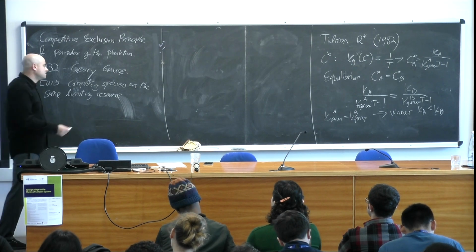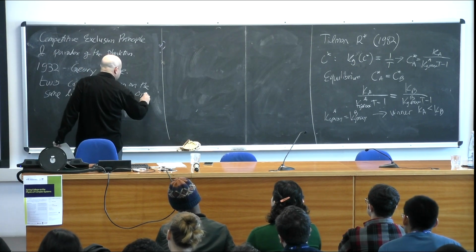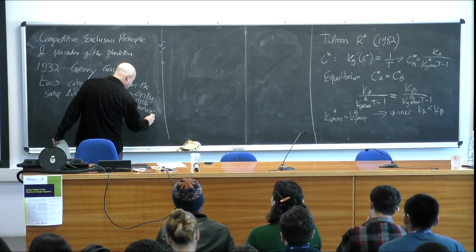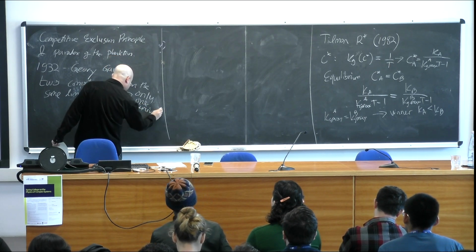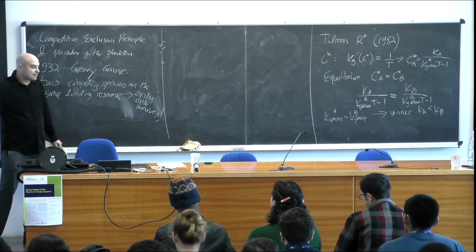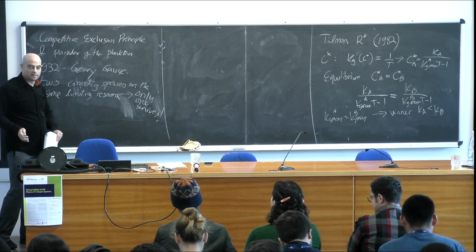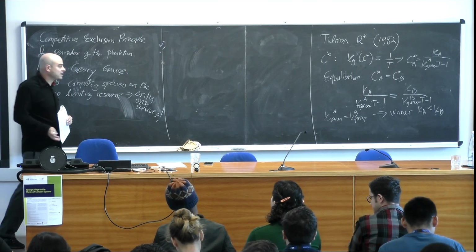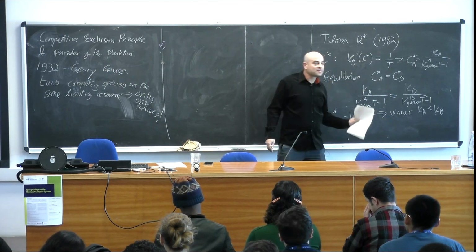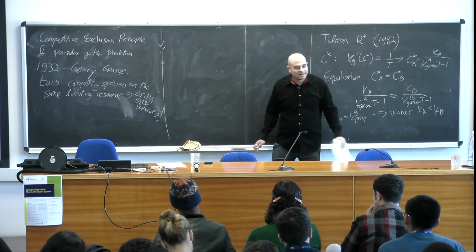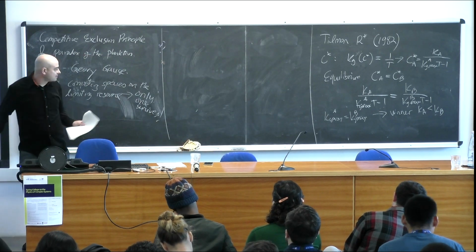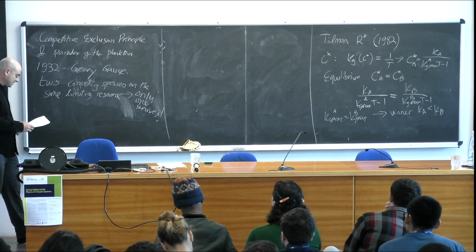And guess what? Only one survives. Okay, one outcompetes the other. One goes extinct and the other takes over the entire population. Right? So now that we know Tillman's work, which is 50 years after, it makes perfect sense, right? But first, this was observed, okay?